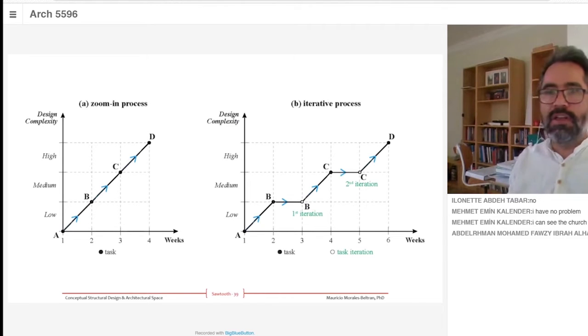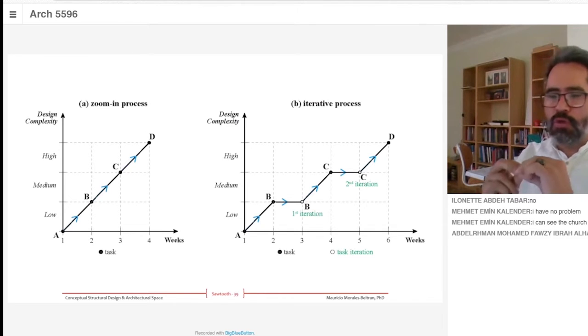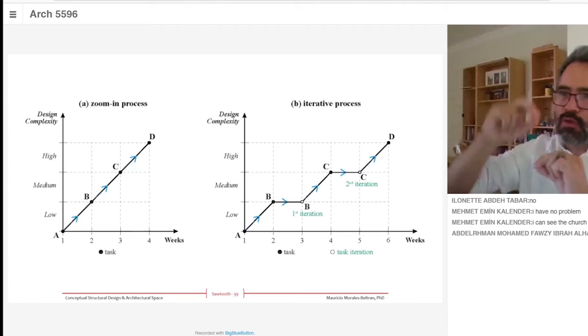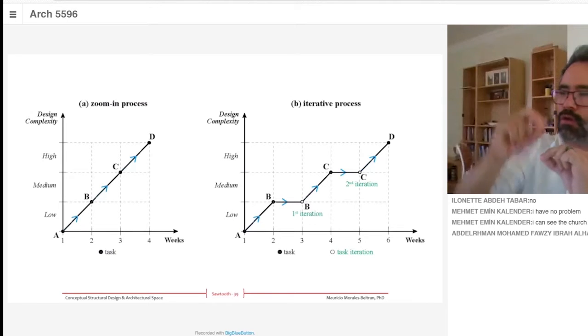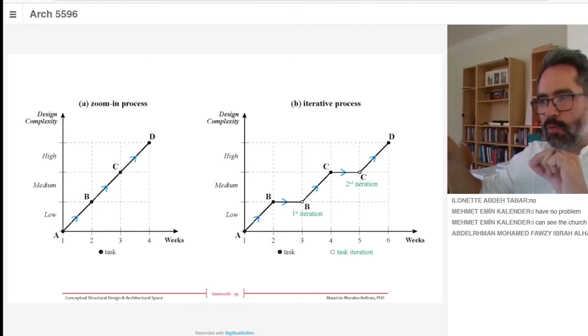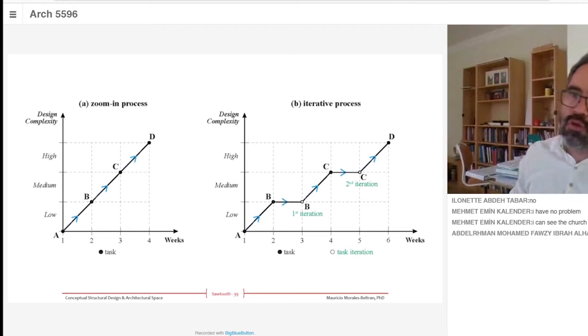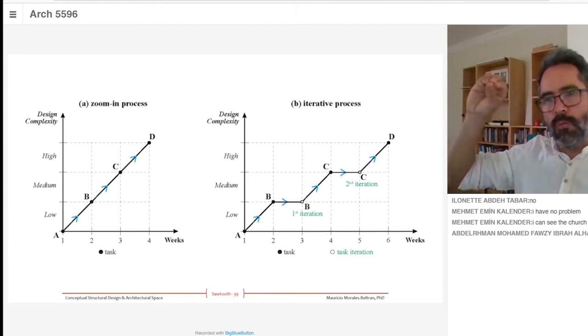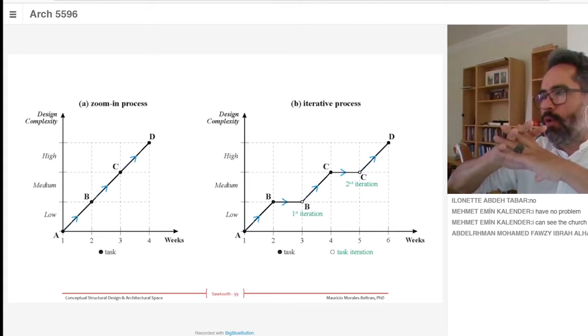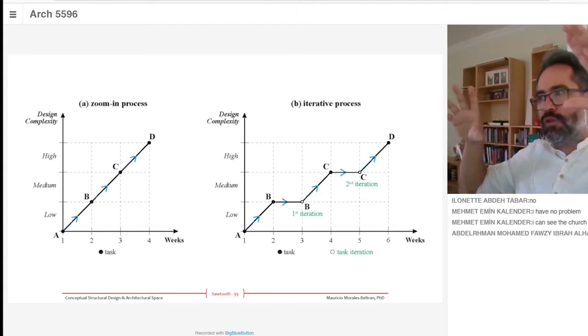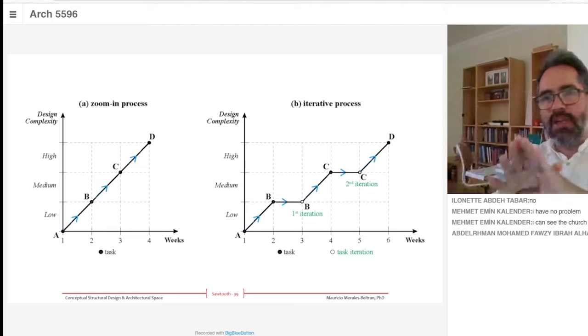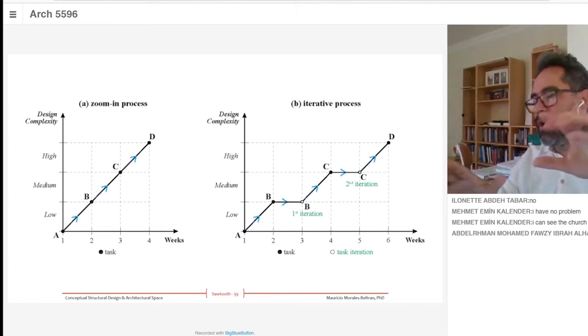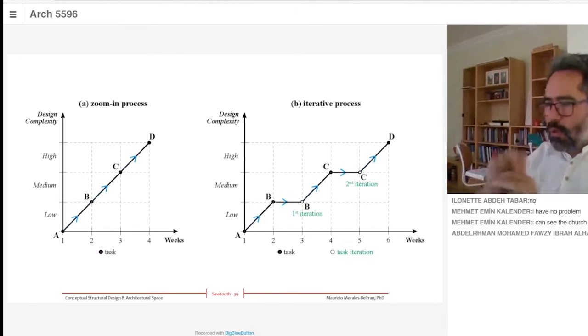Because some students go faster, some students are a little bit slower, or some students want to spend more time on a certain aspect. So it's never uniform. The teaching learning process in a design studio is always very heterogeneous. So at the end, you always end up repeating tasks in one way or another.